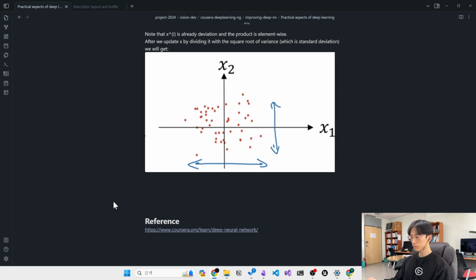So why do we do this? Why do we want to normalize the input features? Recall that the cost function is defined as written on the top right.